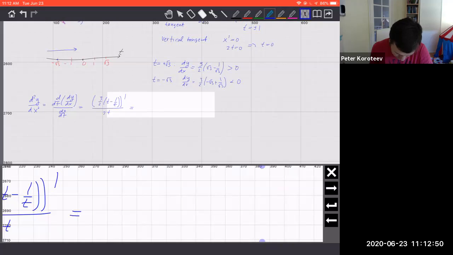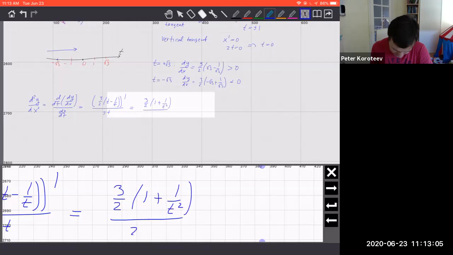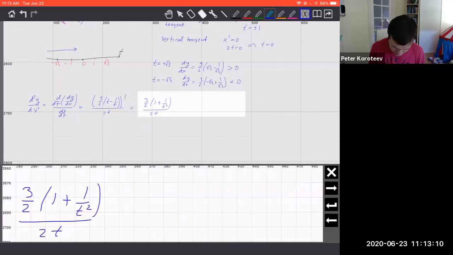So what is the derivative of that? It's 3/2 times 1 plus 1 over t squared, right? And divided by 2t. Or we can brush it up a little bit. This will be 3/4 times t squared plus 1 divided by t cubed.